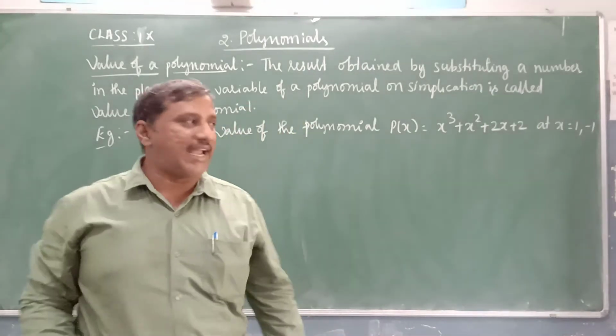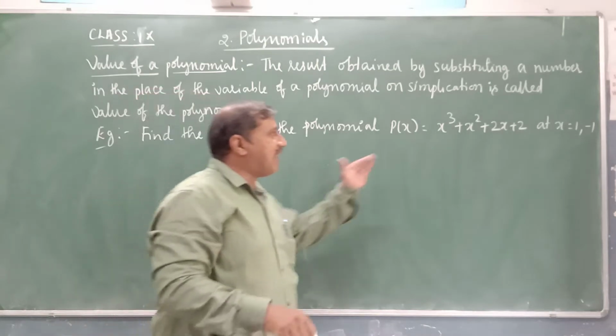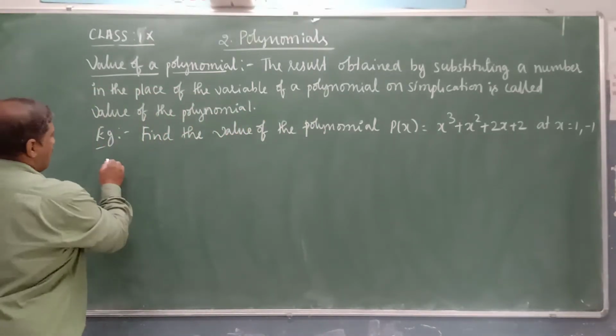Two values we will find. When x is equal to 1, what is its value? And when x is equal to minus 1, what is its value? We will find out now.